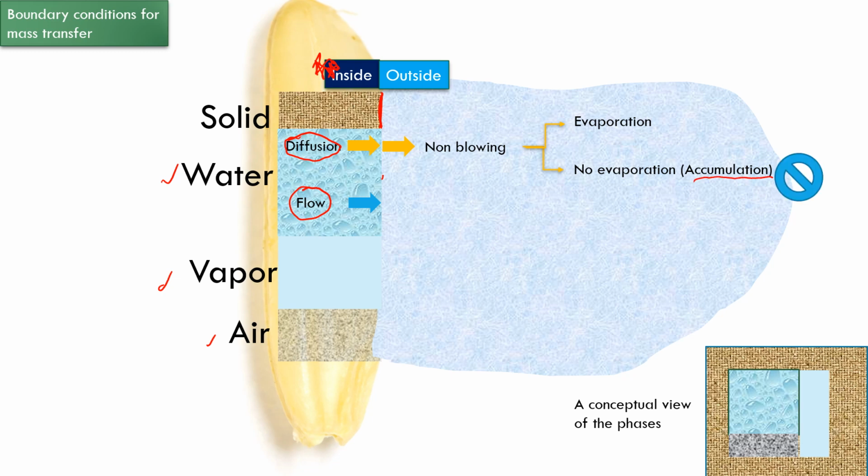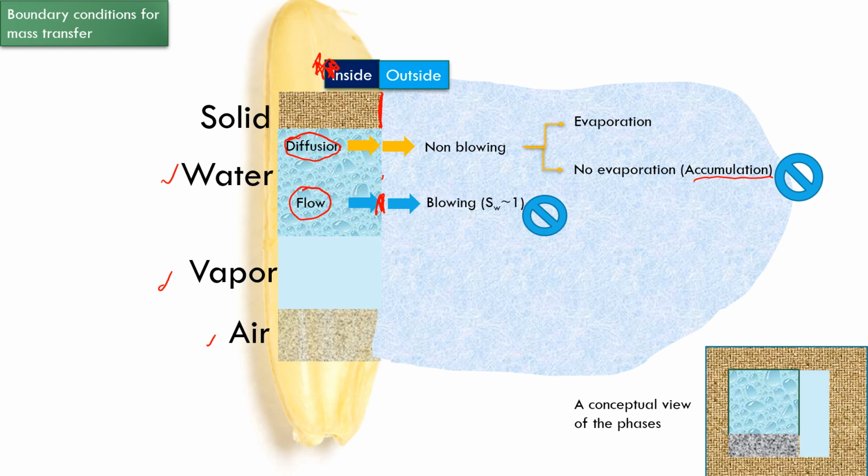So this is unlikely in case of rice puffing. Another possibility would be the flow part. If the boundary is already saturated and there is no place to hold more liquid water, if there's still pressure driven flow, it will just blow out when the boundary is saturated and you still have a pressure gradient forming flow. So this is also very unlikely in case of rice puffing.